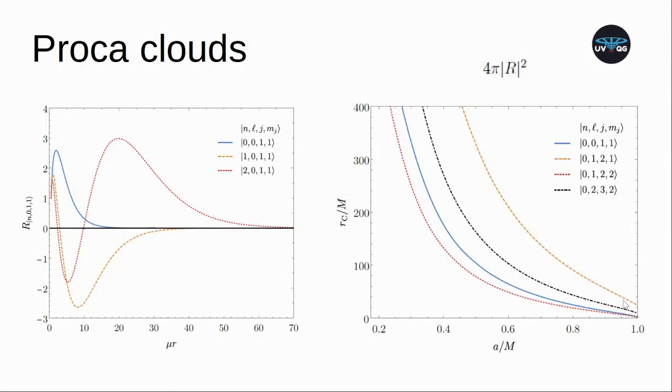For the case of the scalar field, we are able to analyze this region a bit better and show that the scalar cloud obeys this condition. But for the case of the Proca field, it's more complicated because as we increase the value of the angular momentum, the solution becomes more challenging to find numerically. So we did not investigate this in this paper.